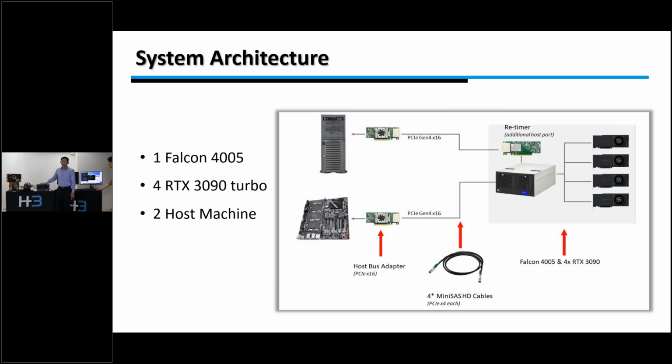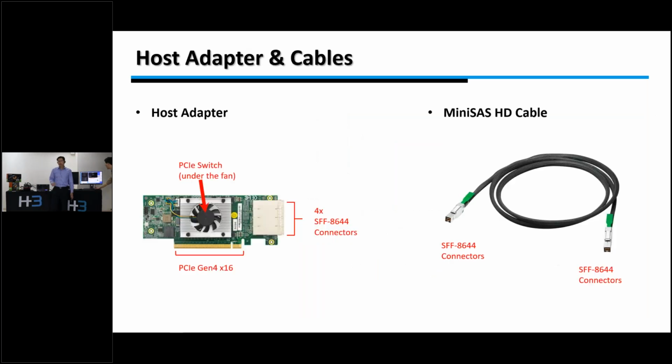The host adapter has a PCIe Gen 4 switch and is installed in a PCIe Gen 4 x16 slot. There are 4 mini SAS HD connectors on the edge. These mini SAS HD cables are for connecting the workstation and the Falcon 4005.